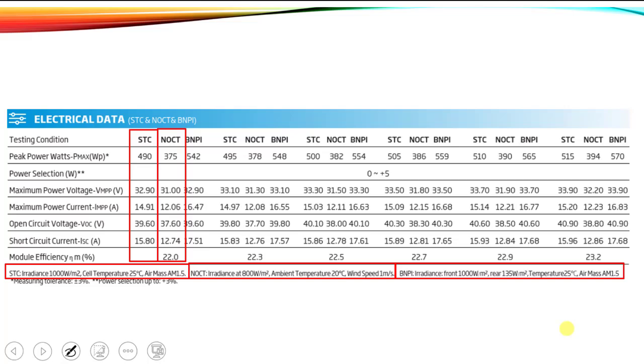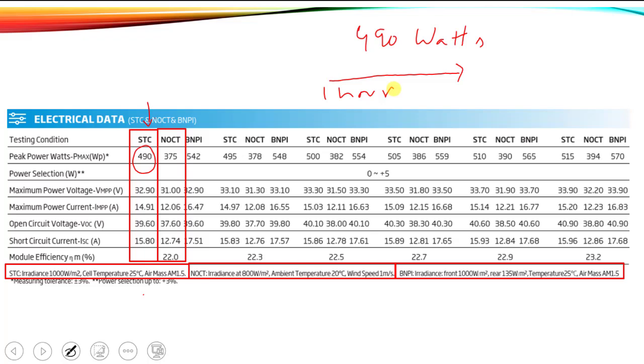One important thing to note is that if the power being produced by the module is 490 watts under STC condition, this is not the energy unit, remember. If these 490 watts are being continuously produced for 1 hour, then you can translate this into energy units.